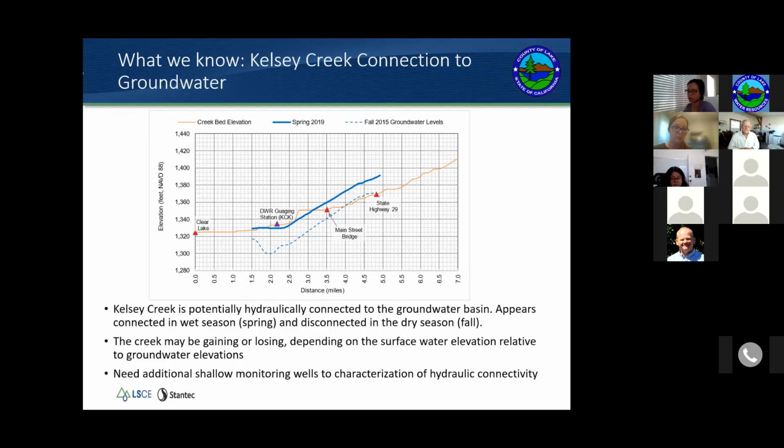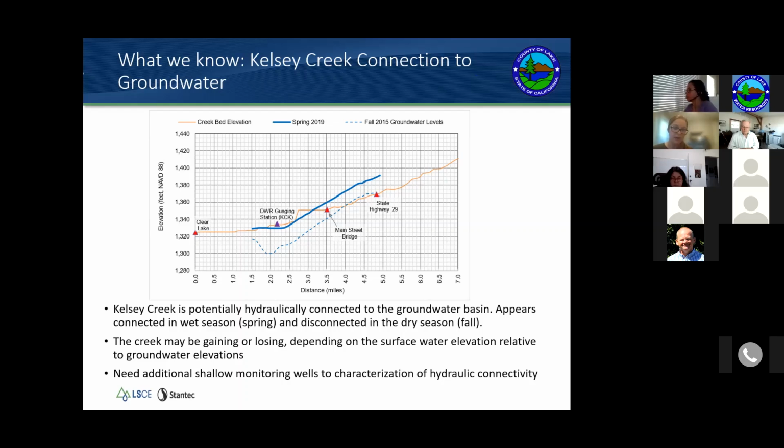The dark blue line, which is spring 2019, which is considered a wetter year, follows the stream bed elevation line pretty closely. Once you get into a drier year, as exemplified by the fall of 2015, you see that line move away from the stream bed.